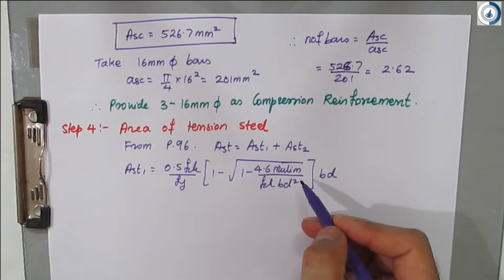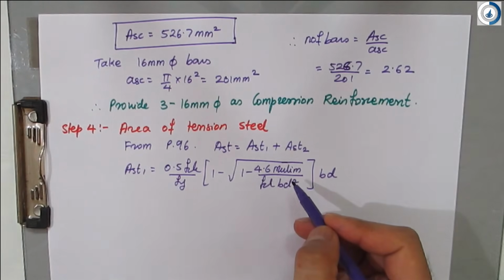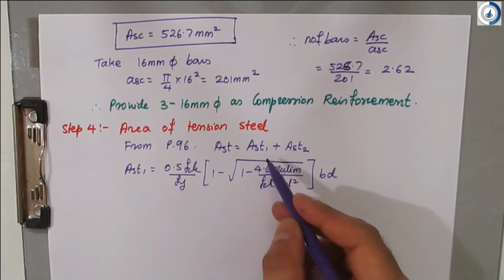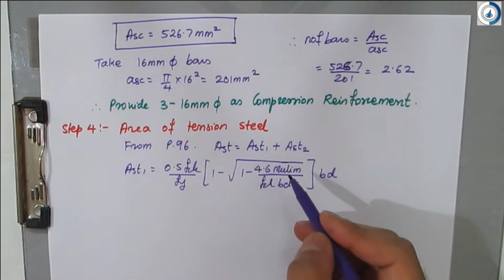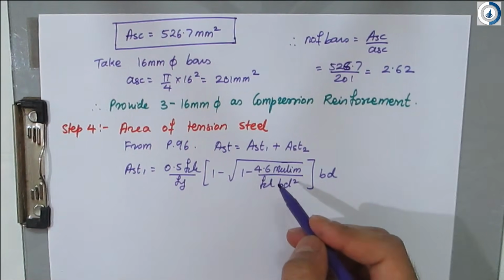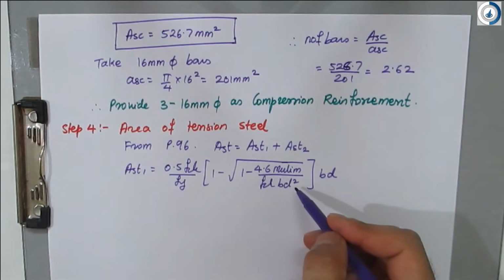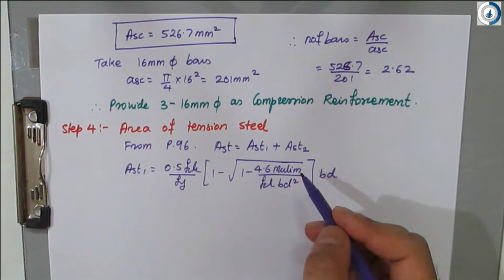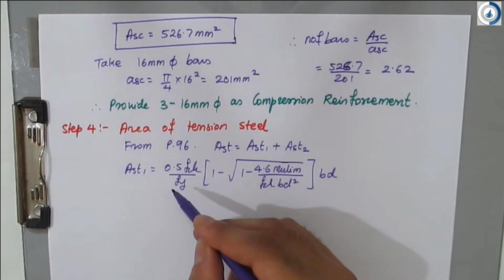Here we are using Mu limit and not Mu, because on page number 96 it clearly says AST1 is the area of tension reinforcement of a singly reinforced beam, and for that we take Mu limit, and we are calculating AST1.